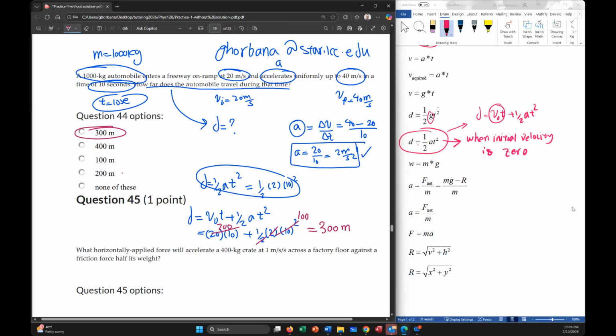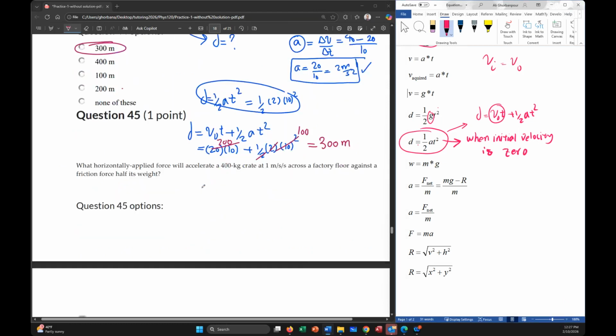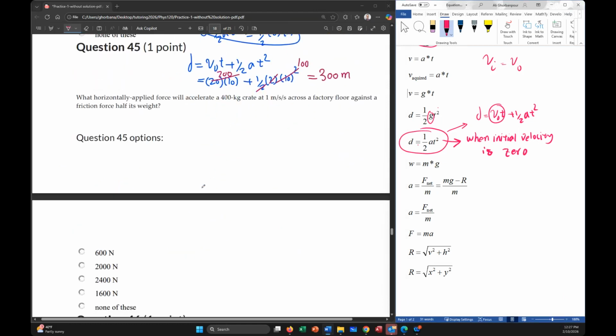That's always what you put in if there is a certain velocity. Sometimes they use V initial, sometimes V0, same meaning.